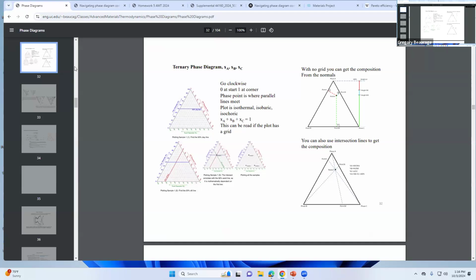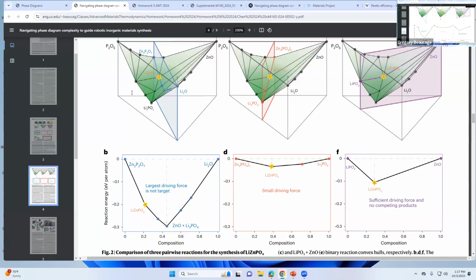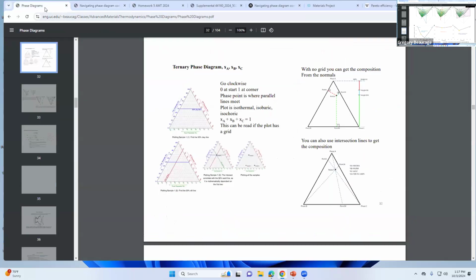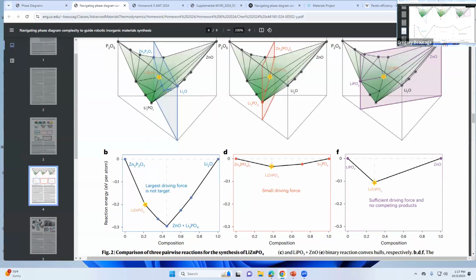Or you could take normals from the sides to the point and use the normal method. And then you can't use the axes method because he didn't label the axes. Or you could go in and label the axes and then figure it out from that if you wanted. But there's no guidance to tell you where to draw the lines for the axes, right?